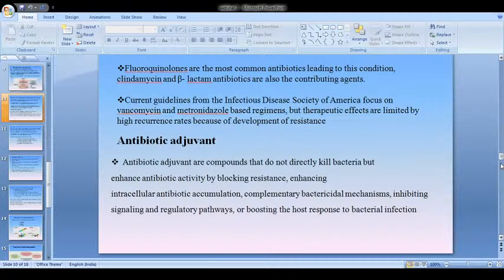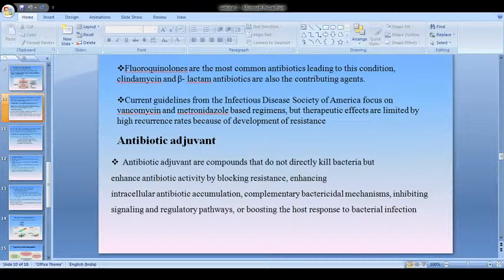And this minimizes the repeated antibiotic use, which in turn reduces the risk of antibiotic-associated resistance.